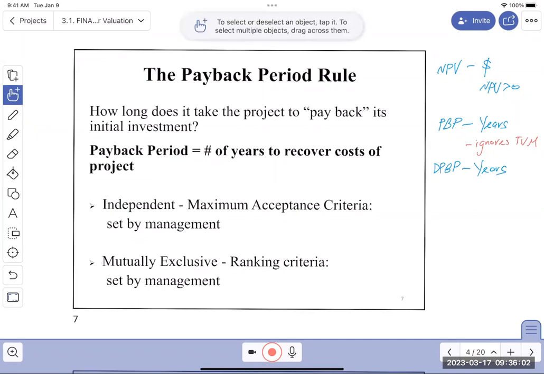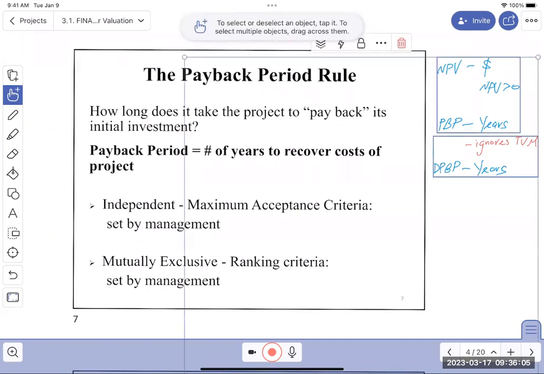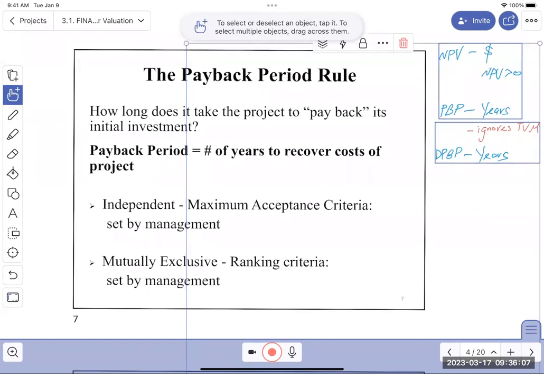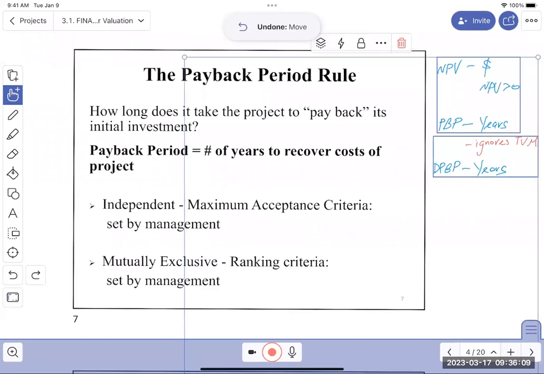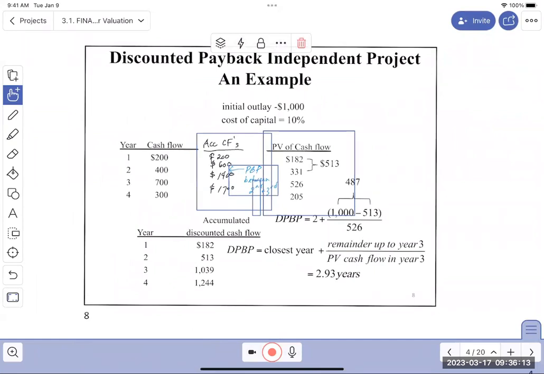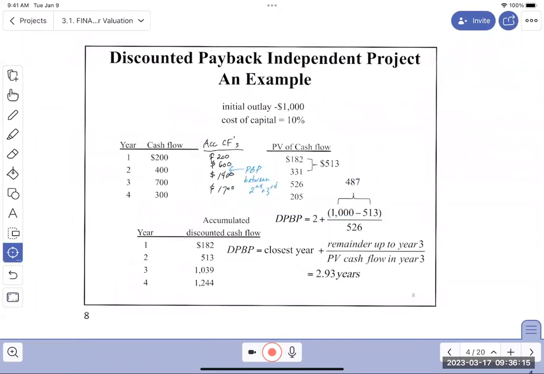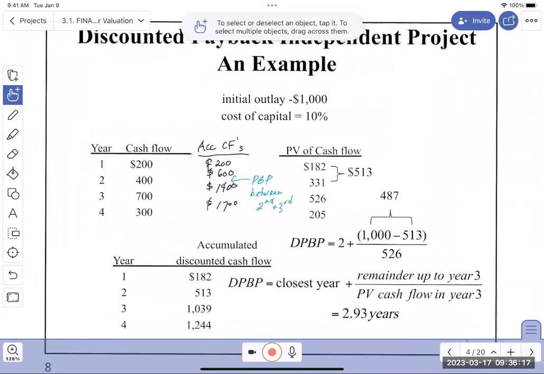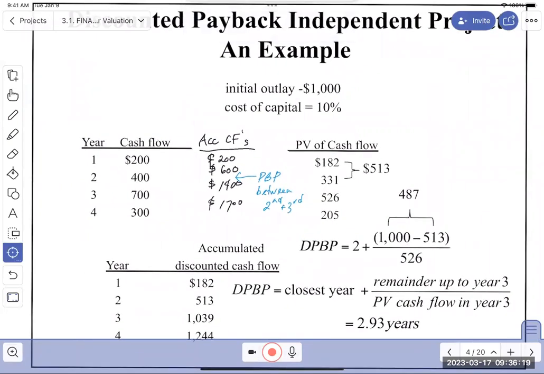So here we have, that's why I have these other columns in place. Let's get the present value of cash flows first. So how did I do that?